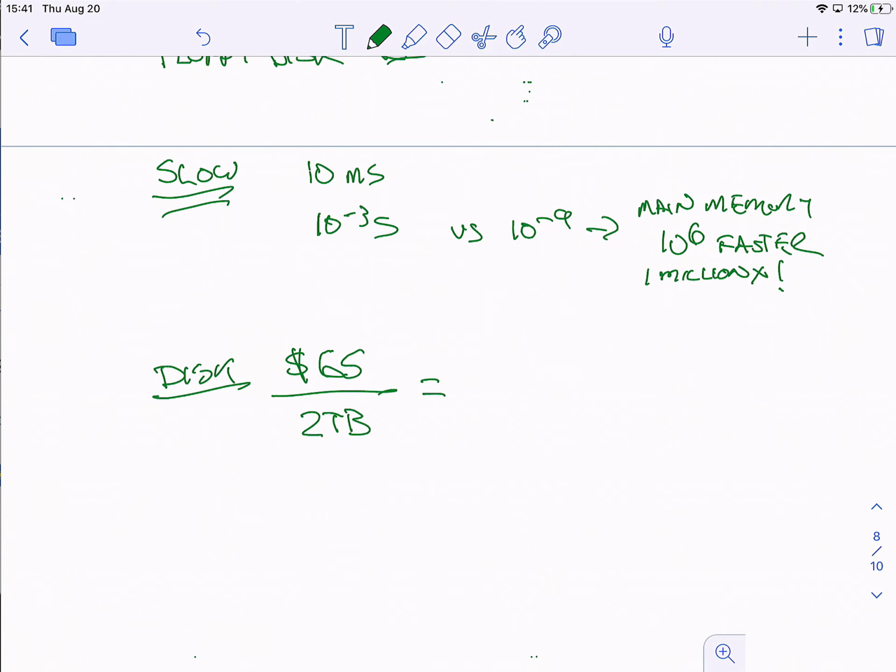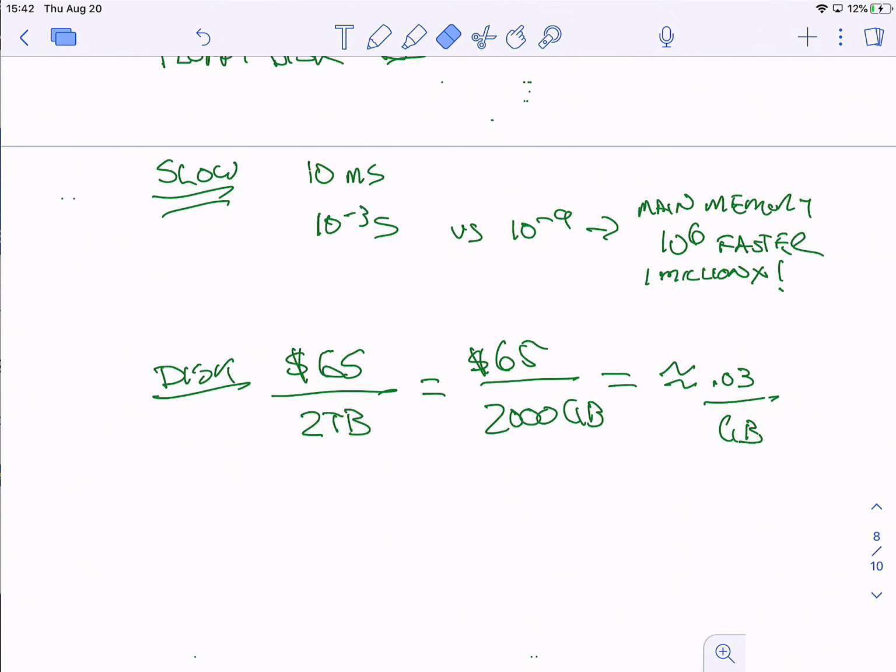Well, a terabyte, if you don't know what a terabyte is, is 1,000 gigabytes. So that means that it's $65 for 2,000 gigabytes. And that works out to about 3 cents per gigabyte. It's not 0.03 cents, it's $0.03. That's 3 cents per gigabyte.